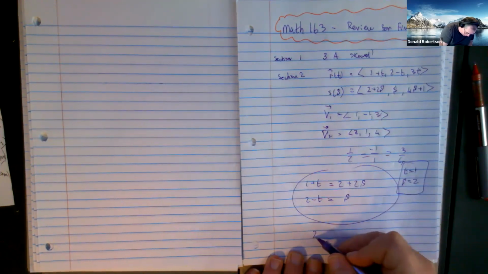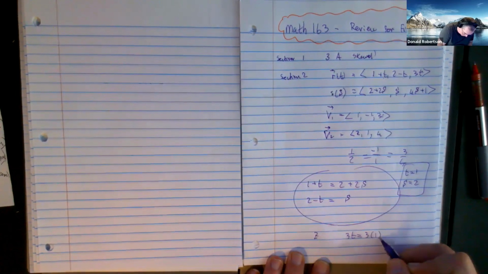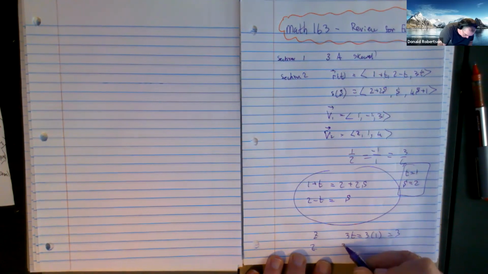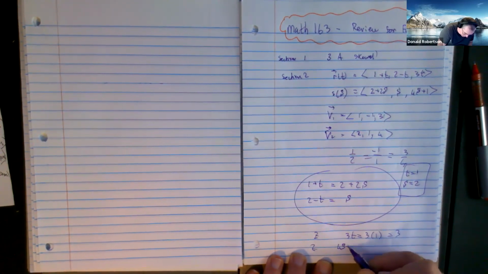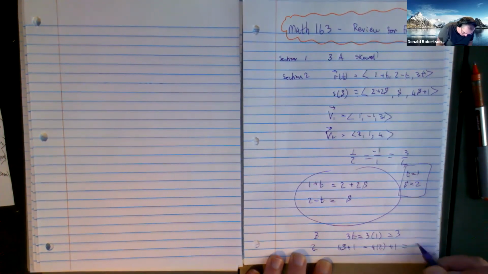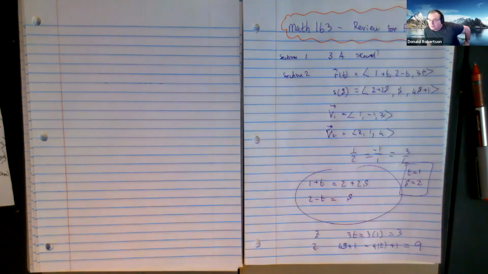And in the z coordinates, 3t gives you a z coordinate of 3. And in the other one, it's 4s plus 1, and 4 times 2 plus 1 gets you 9. What does the fact that this z coordinate is not the same number as that one tell you about these two straight lines?